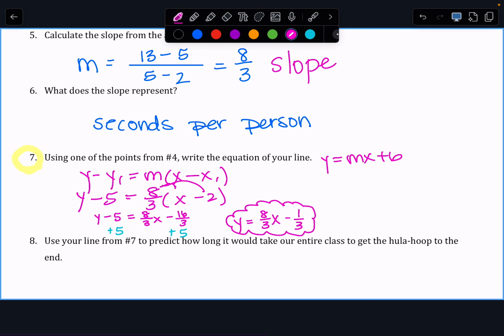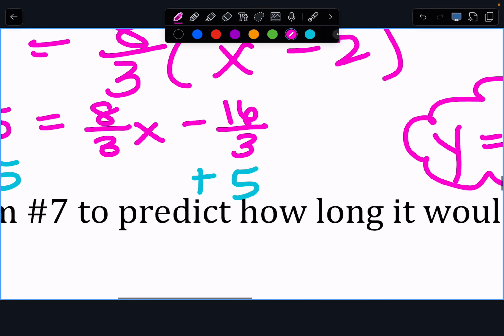We have negative 16/3, and we added 5. 5 would be 15/3. So negative 16/3 plus 15/3 gives us negative 1/3. I cannot add these two together unless they're both a fraction with a denominator of 3. So if I make 5/1 and I want it to have a denominator of 3, I multiply each of them by 3 to get 15/3.